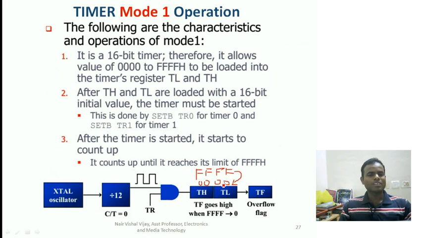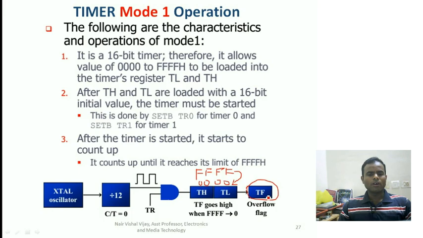That is what mode 1 operation is: a 16-bit timer that can count any value from 0000 to FFFF, and whenever it reaches the maximum value, it rolls back to 0000, and your timer overflow flag is set. So that is timer mode 1 operation.